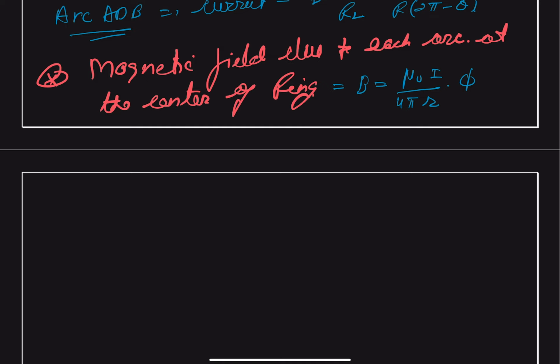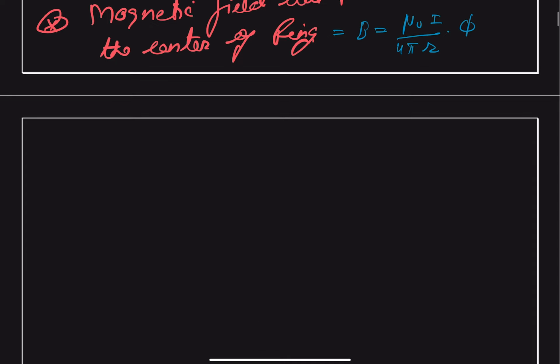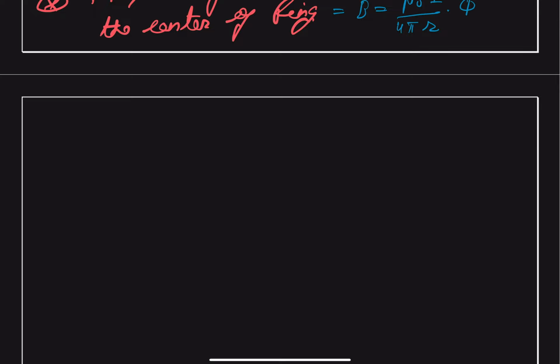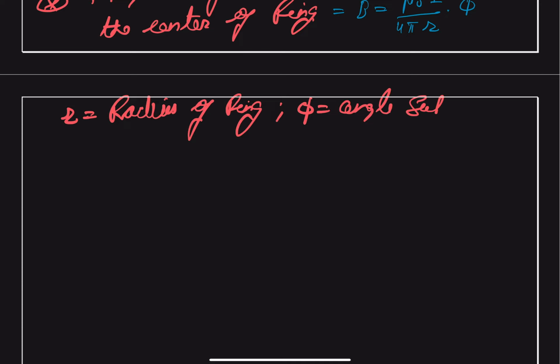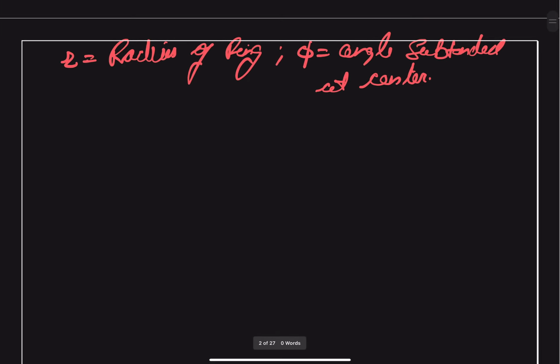Now in this case, the angles are theta and 2 pi minus theta. So here R is the radius of the ring, and phi is the angle subtended at the center. So we can divide this into two arcs.